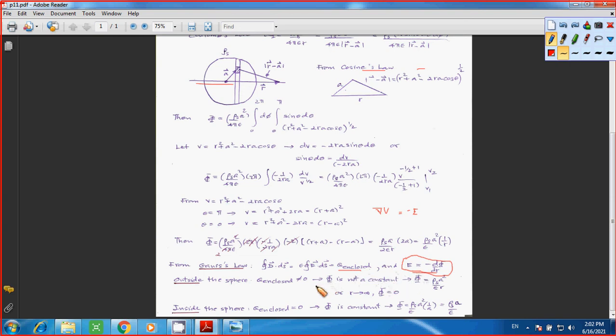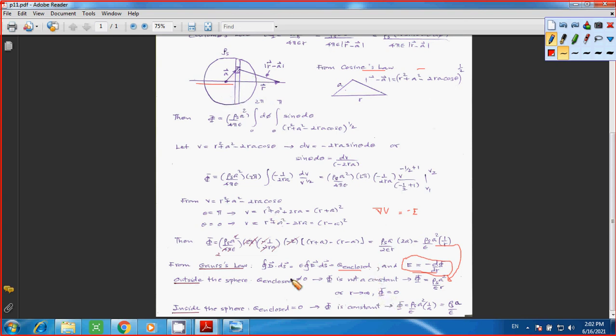If Q enclosed equaled 0, that means your E would be 0. So your phi is not a constant, and you can use this term to represent phi at any r. And if you take the limit as r goes to infinity, your phi equals 0. So that's in agreement, right? When you're far away from the charge, your potential is going to be 0.